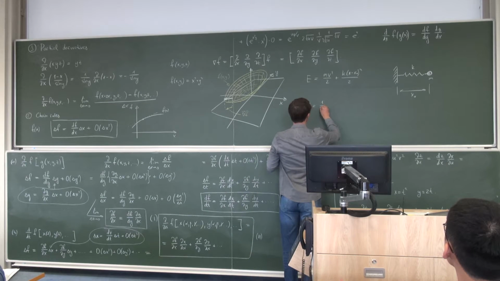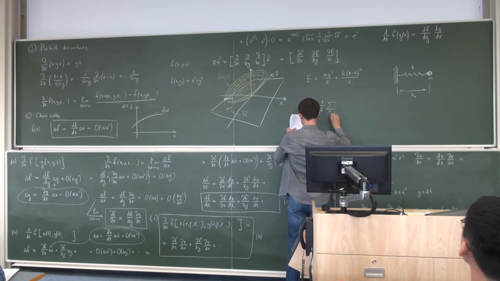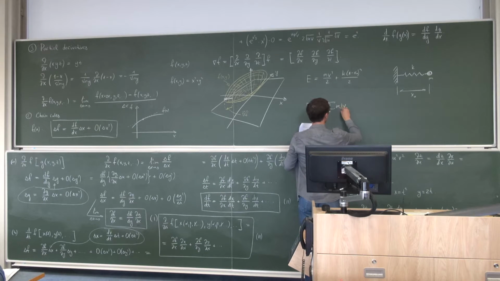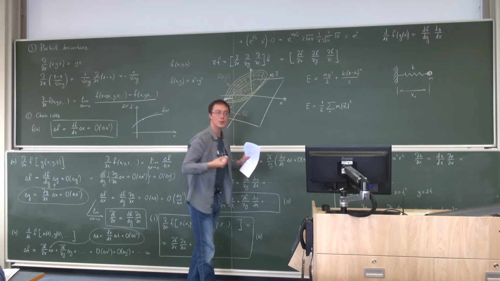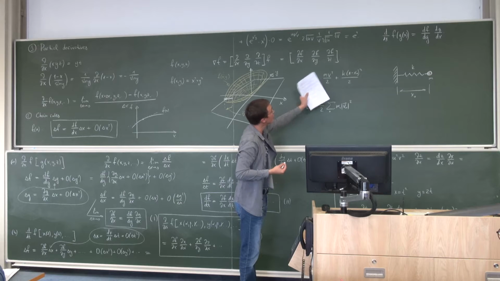So it will be 1/2 a sum over all particles, the mass of each particle times the velocity of each particle, absolute square. So the modulus of that vector, because it will be a vector in 3 dimensions, and then square. So that's the kinetic part.